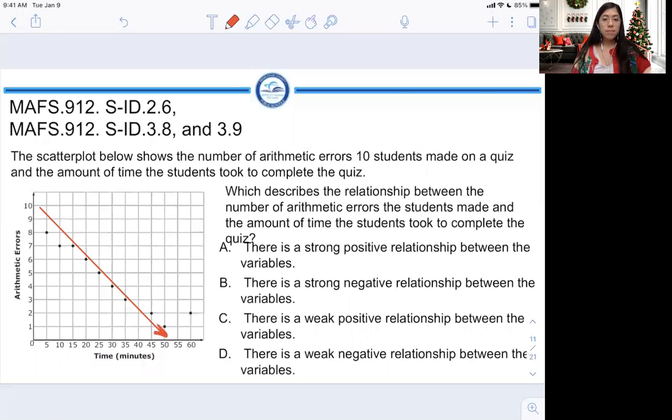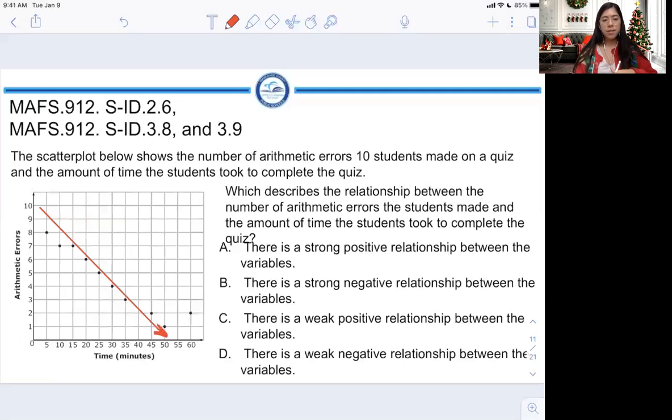So that's what scatter plots are. Scatter plots can look like a linear function, or they might not look like a linear function. And the thing is, the closer they are to a linear function, the stronger that relationship is. So I'll say that one more time. The closer it is to being linear, the more it looks like a straight line, the stronger that relationship is.